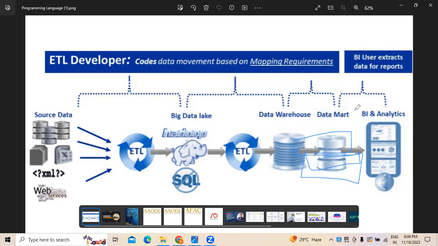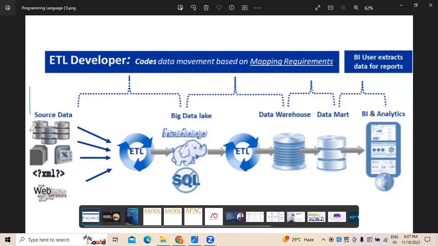To provide report generation, we use different BI analytical tools. Business intelligence tools or data visualization tools like Power BI and Tableau are used nowadays, because users extract their data reports from these. This is where business intelligence comes into the picture.